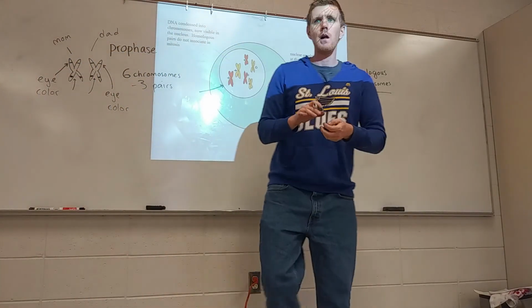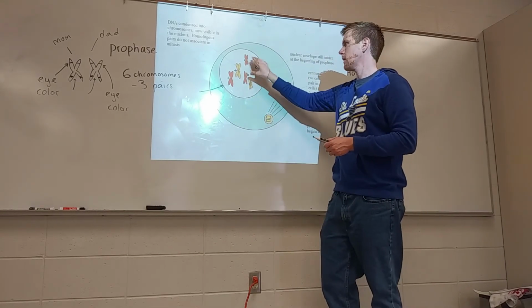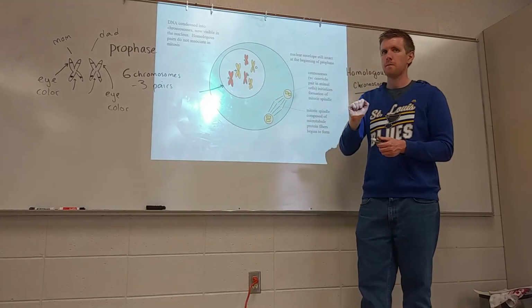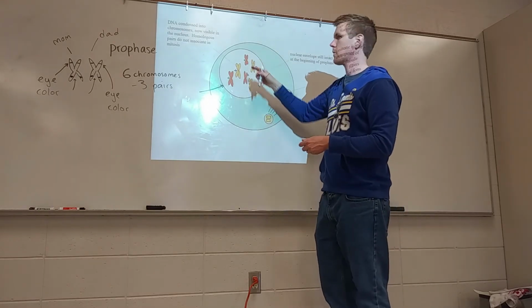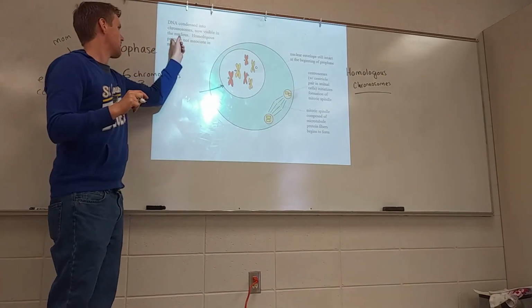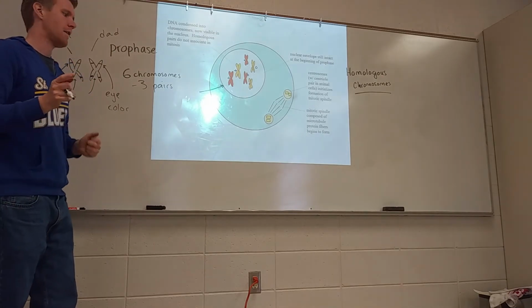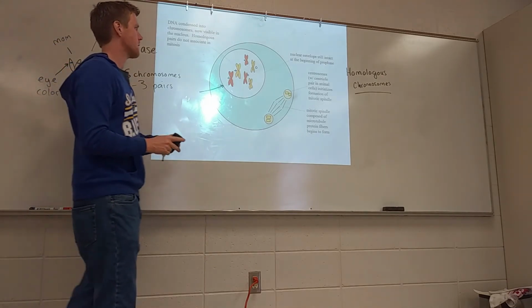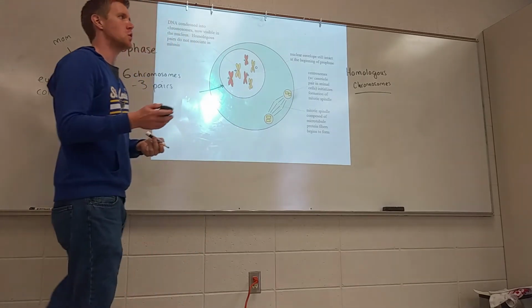Notice how homologous chromosomes are not associating with each other during mitosis here. They're just not. This one and this one are homologous pairs and they're nowhere near each other. During mitosis, homologous pairs don't associate with each other at all. They just don't have to. And so all 46 of your chromosomes are just scattered throughout the nucleus.